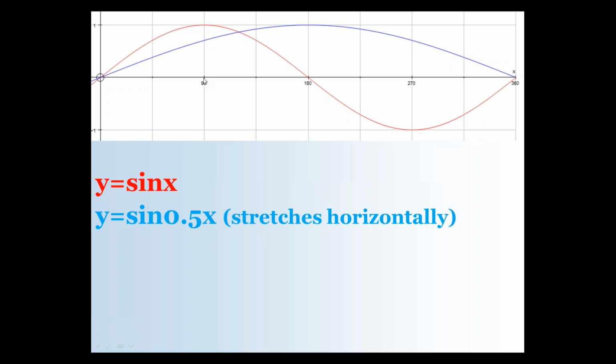So where here we had 1 at 90, now we need to have 180 to get 1. At 180 it was 0, and now at 360 it's 0. So for sine a half x, you're only going to get half a wave in the 360 degrees.